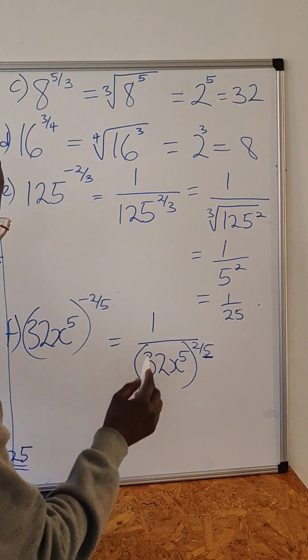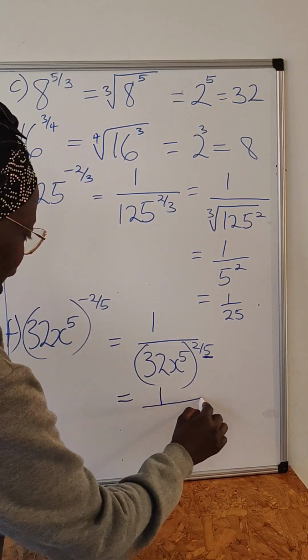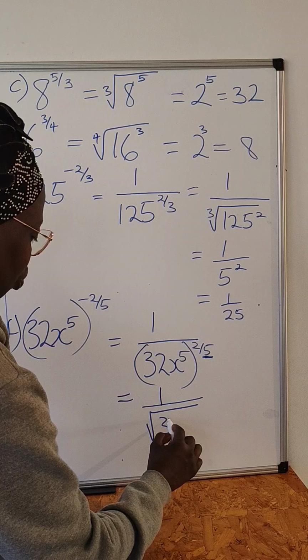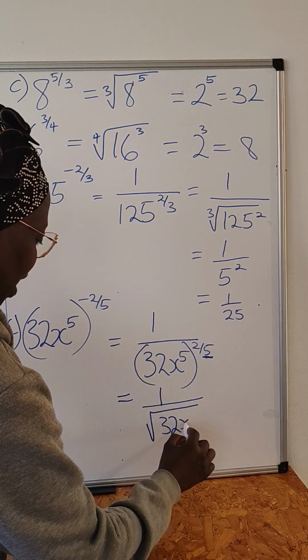So with that, we now have the fifth root of 32x^5.